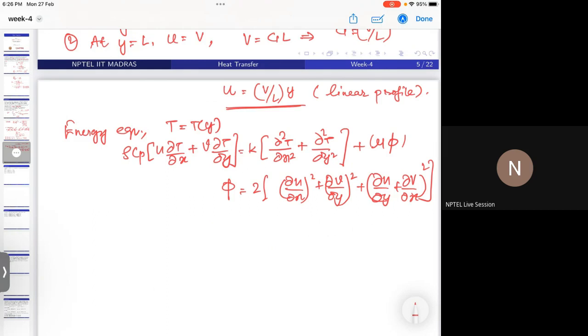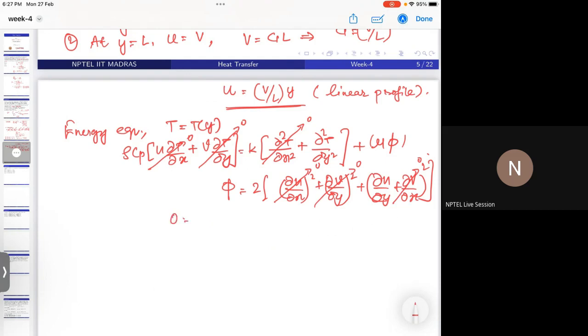So here, dou T by dou x will be 0. v is equal to 0, so the second term is also 0. And dou u by dou x is 0 from the continuity equation. v is equal to 0 and dou v by dou x is equal to 0.